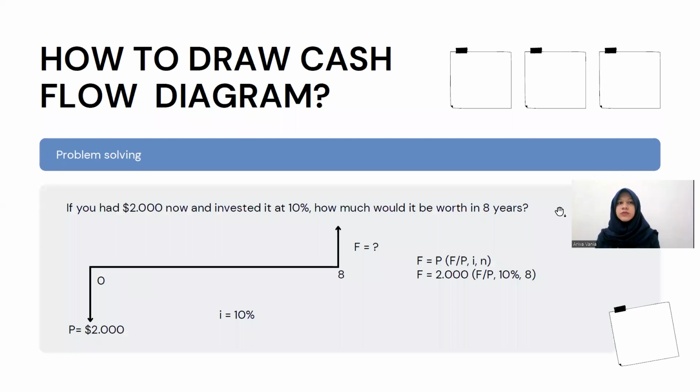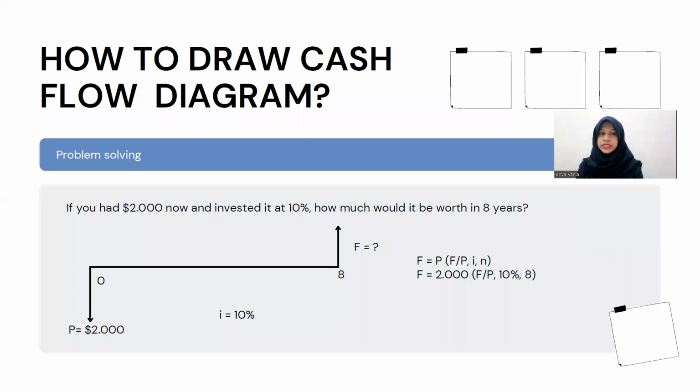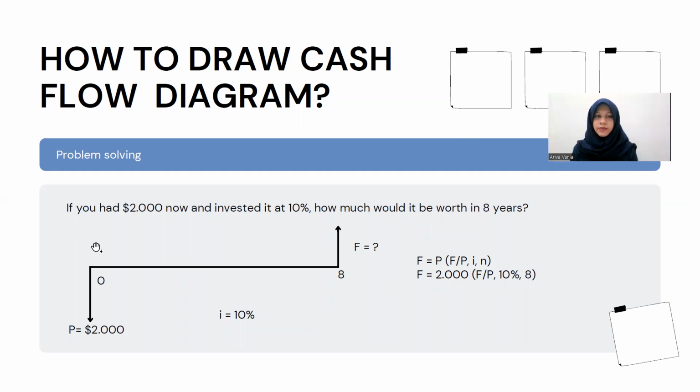Okay, next. How must we draw a cash flow diagram? For this, we use an example like this: if you have $2,000 now and invest it at 10%, how much will it be worth in 8 years? We must first convert this problem into a cash flow diagram.